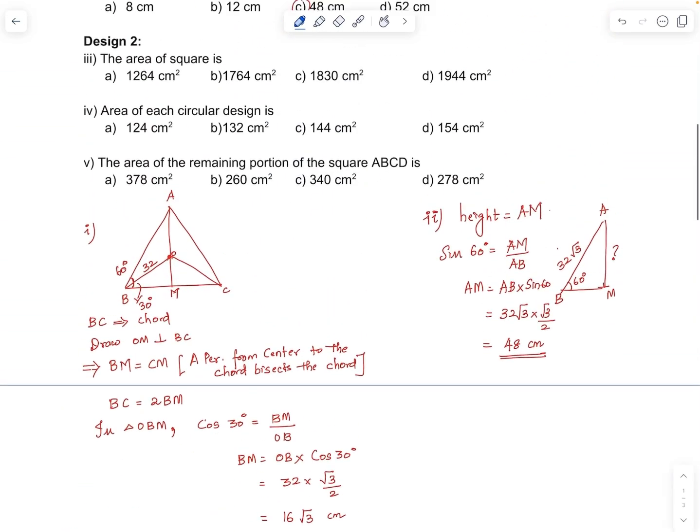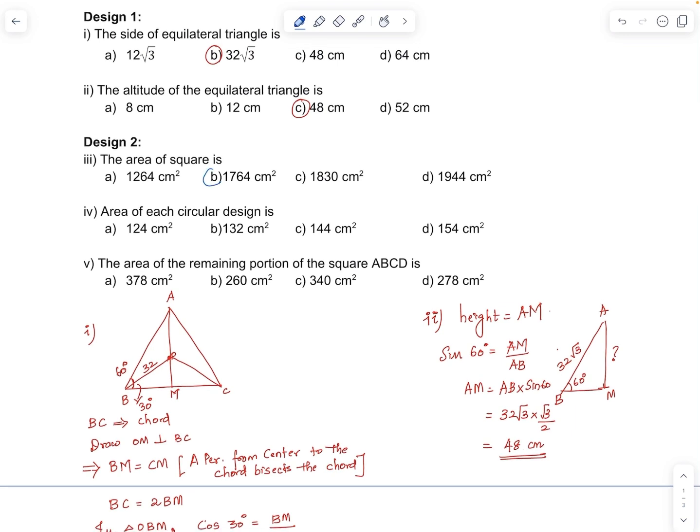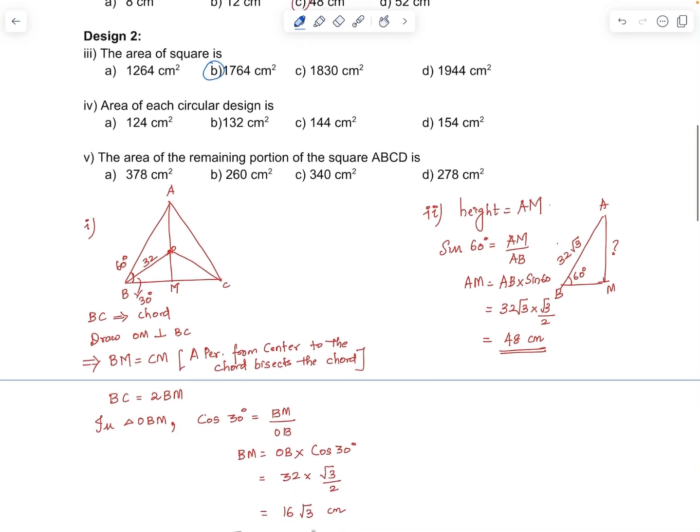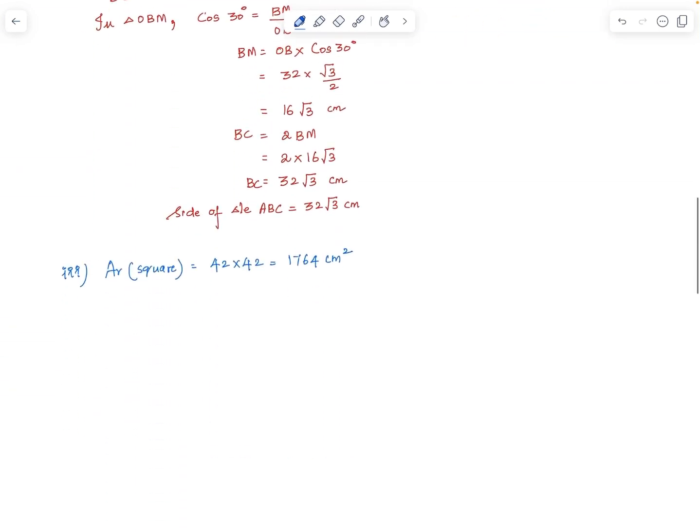So the option is B. Fourth question, the area of each circular design. Area of the circular design is pi r square, taking 22 by 7 for pi, and r is 7, gives us 154 centimeter square.